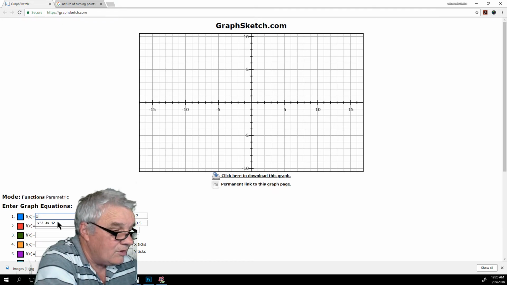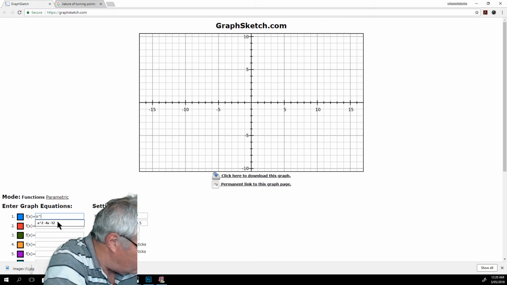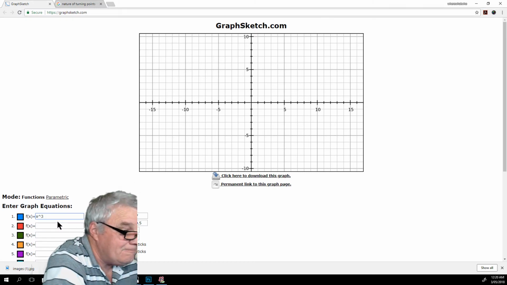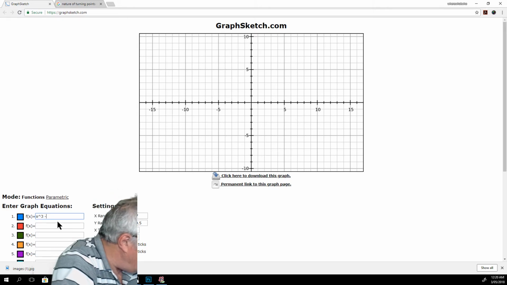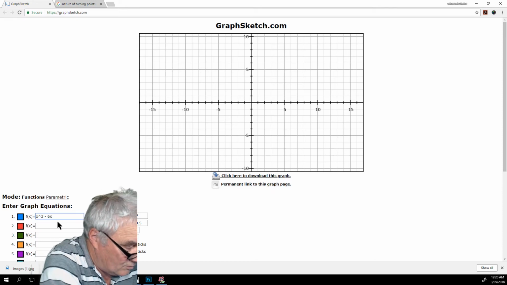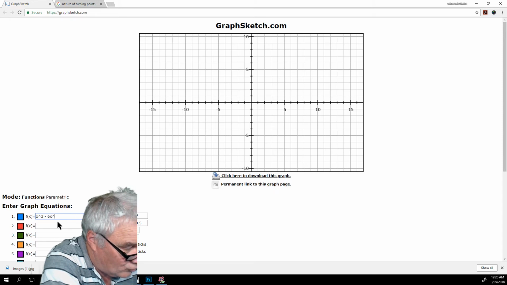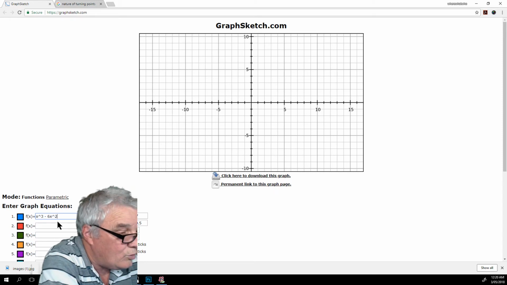x cubed, x raised to the power of 3, minus 6x to the power of 2.